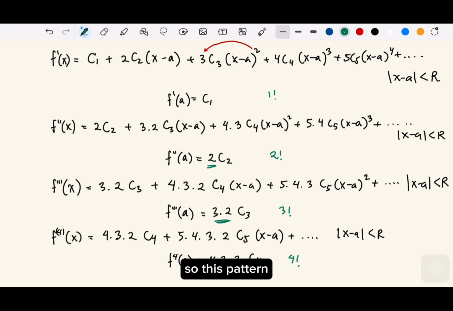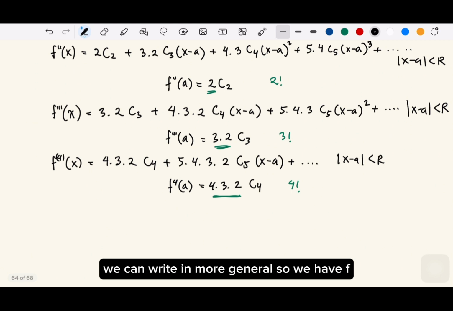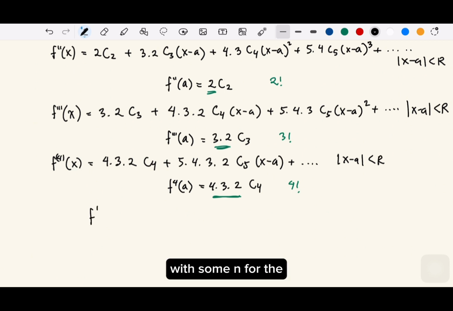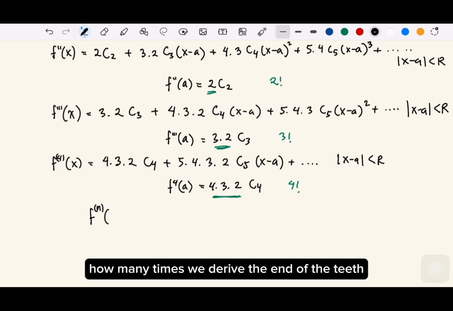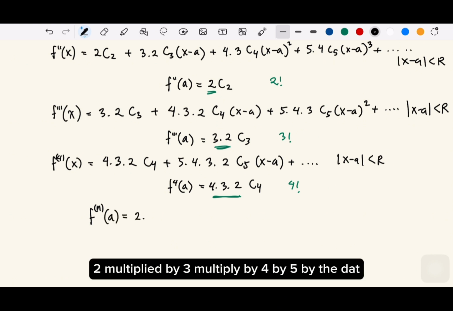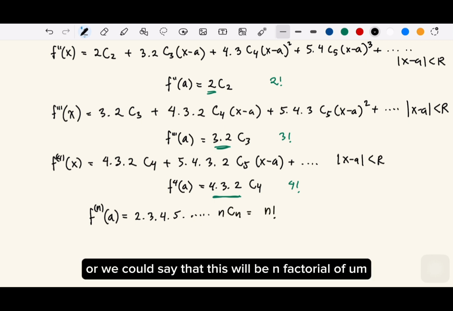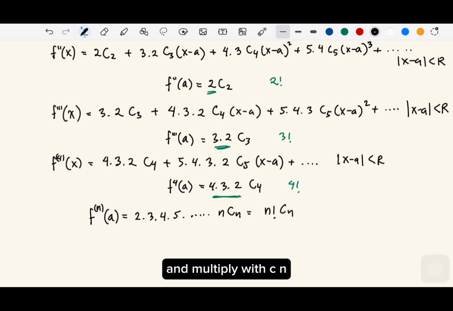So this pattern we can write more generally. We have f with some n, for how many times we differentiate, the n-th derivative. So this could be 2 multiplied by 3 multiplied by 4 by 5 by dot dot dot up until n, and then cn, or we could say that this will be n factorial multiplied with cn.